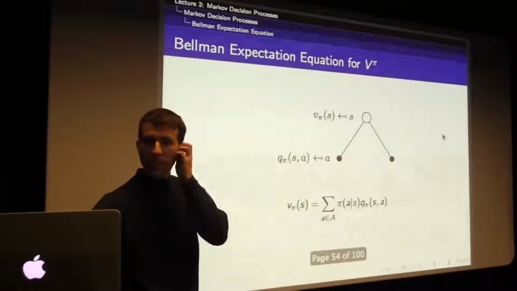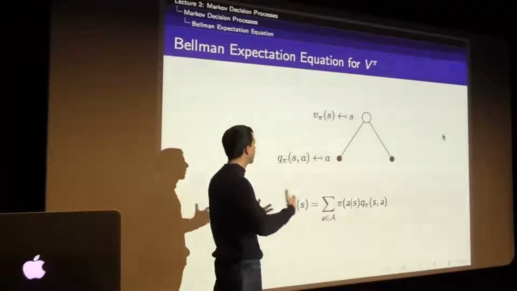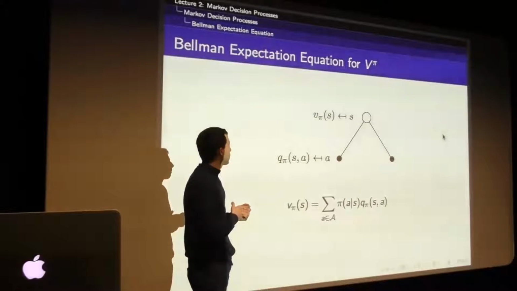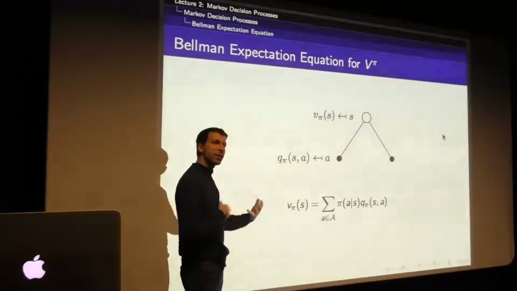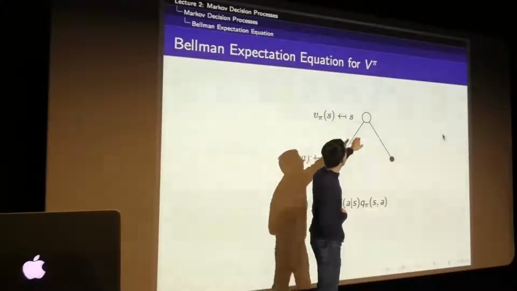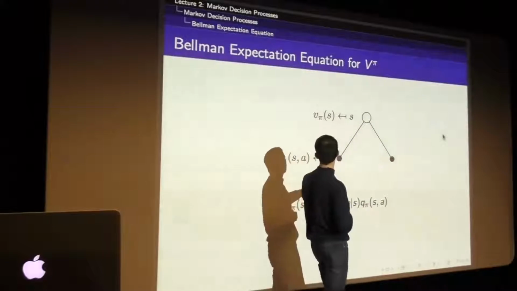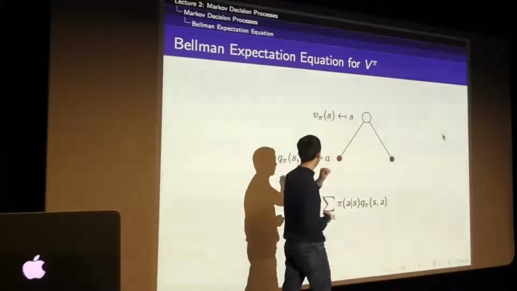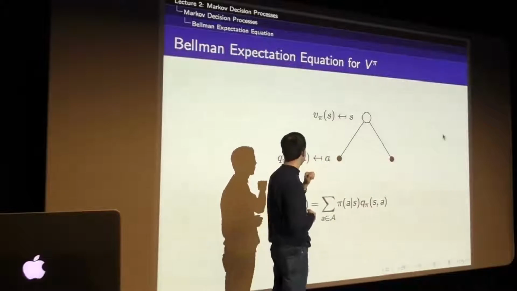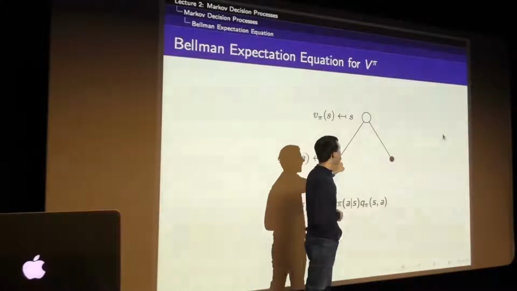So let's look at these pictorially and try to understand them with these look-ahead search diagrams. The way to understand this is, first of all, to understand how V and Q relate to each other. If you're in a state value function here, really what it's saying is that we're going to average over the actions that we might take. So there's some probability that we'll take this action here.